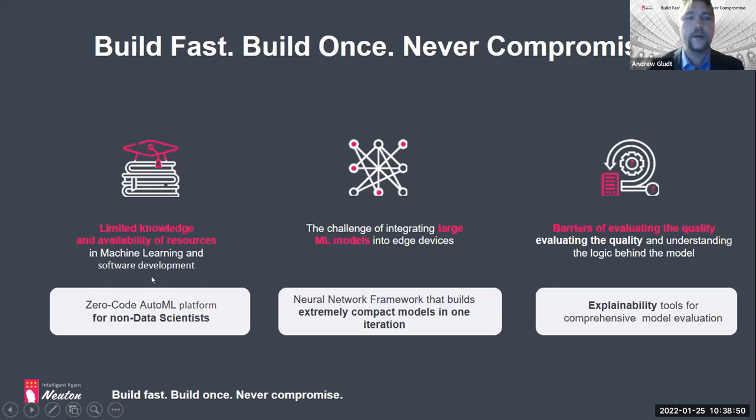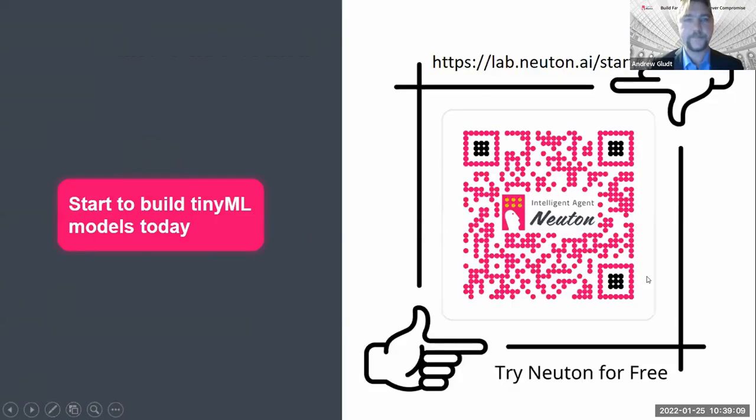With Newton, we're able to accomplish this with our zero-code AutoML platform for non-data scientists. The framework we leverage will create very compact models, and the explainability office helps give us information about the models that we build.